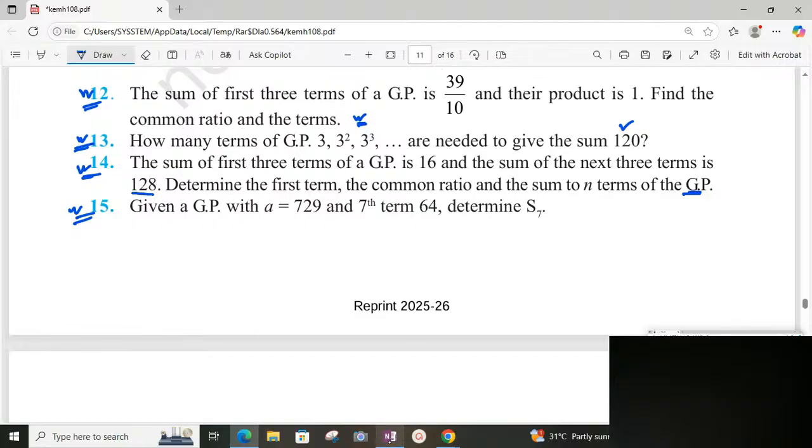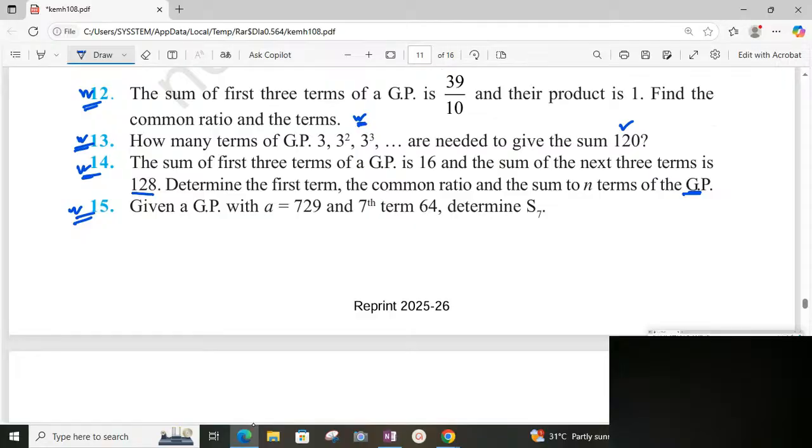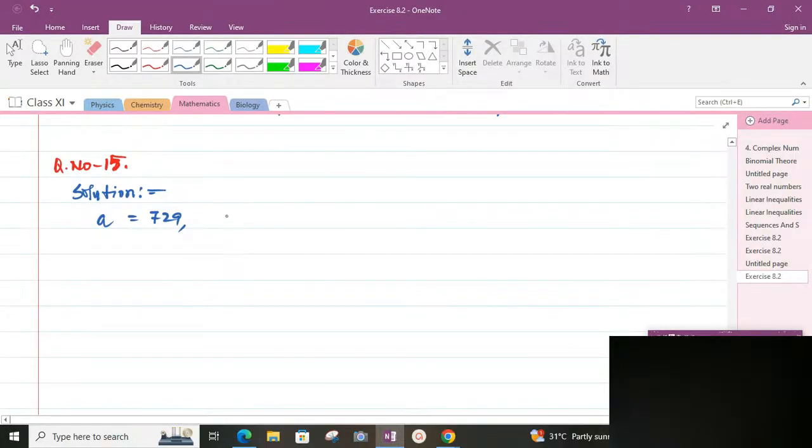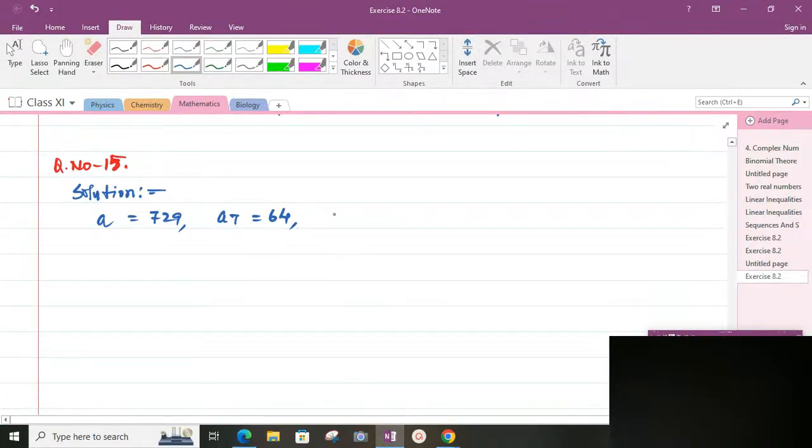This is a very easy question. A equal to 729, and A7 equal to 64, and it asks us S7. S7 equal to what?